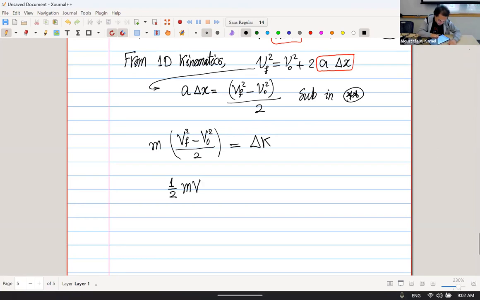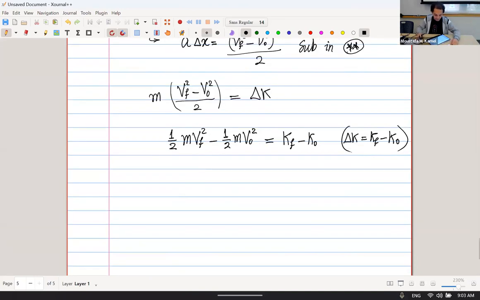Half m v final squared minus half m v initial squared equals K final minus K initial, where I wrote delta K as K final minus K initial. I just expanded what the delta means. So far, so good?